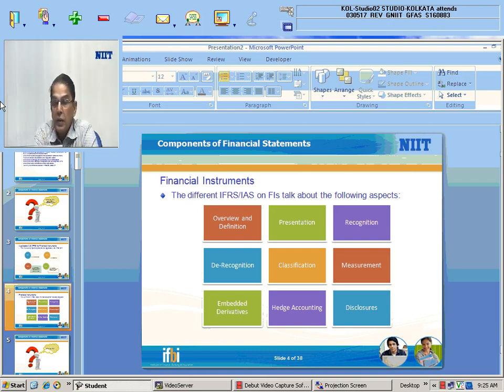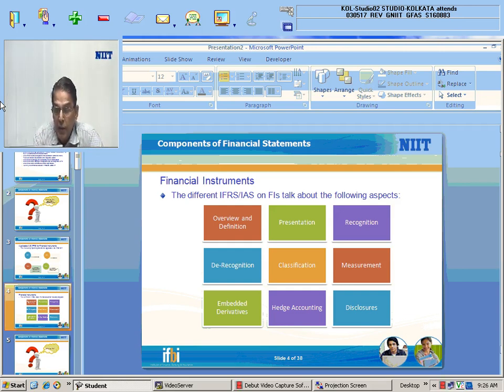So the 9 aspects are covered under the different IFRS and IAS. Of course, we will not be covering all 9 aspects here. The scope of the course is limited to only a few of the aspects, particularly recognition, presentation, overview and definition, measurement, classification, etc.